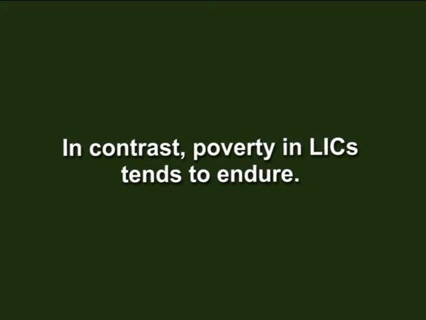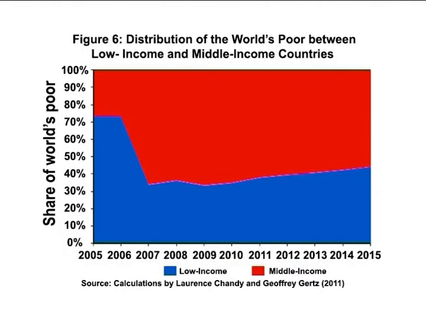In contrast, poverty in low income countries tends to endure, with more than half of the world's remaining poor residing in middle income countries in 2015. There is a good reason to believe that a strong rate of poverty reduction should continue.